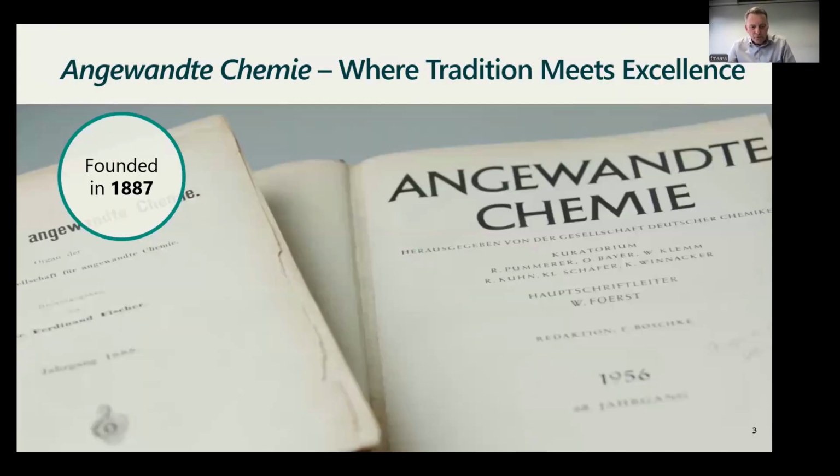Let me briefly introduce the journal with some basic information. Angewandte Chemie was founded in 1887 under the name Zeitschrift für die chemische Industrie. Already a year later, it was rebranded to Zeitschrift für angewandte Chemie, and the final rebranding to Angewandte Chemie, without the Zeitschrift, happened in the 1950s.